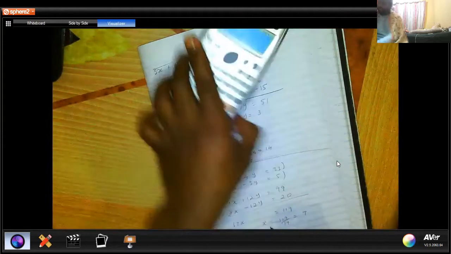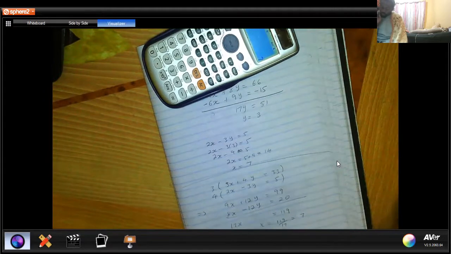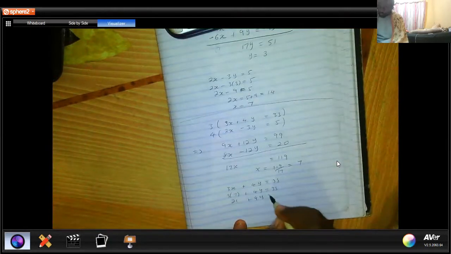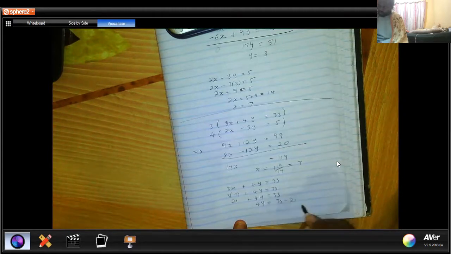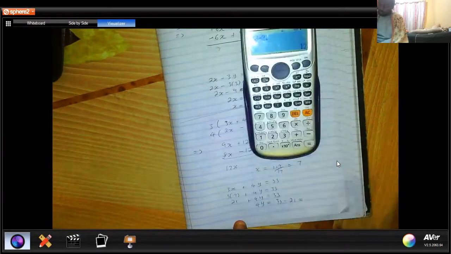Now we take any of the two equations. I will take the first one this time. Now I want to solve for y because I've already solved for x. So I say 3 into 7 plus 4y equal to 33. And this is 21 plus 4y equal to 33, and then 4y is equal to 33 minus 21, which gives us 12.